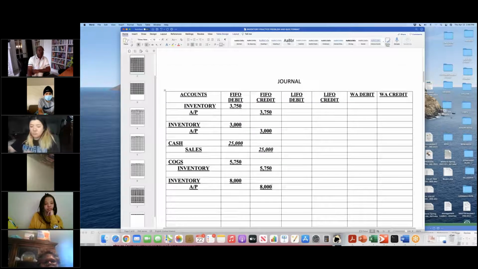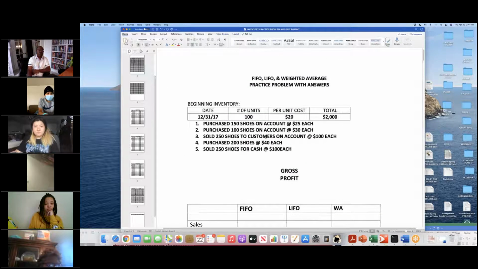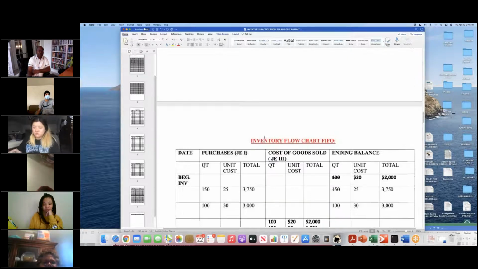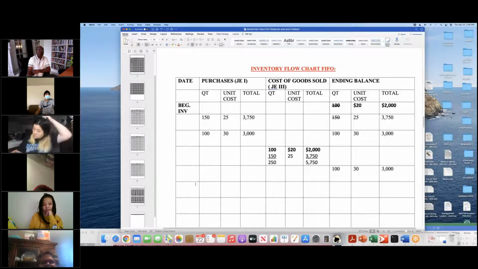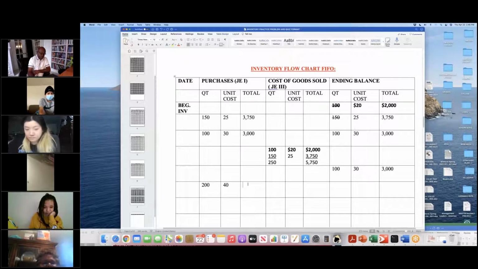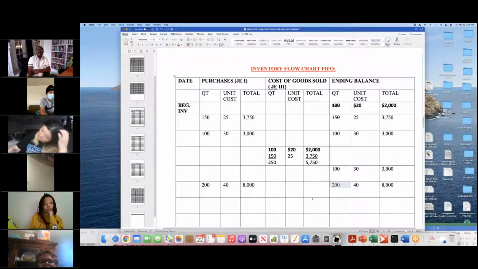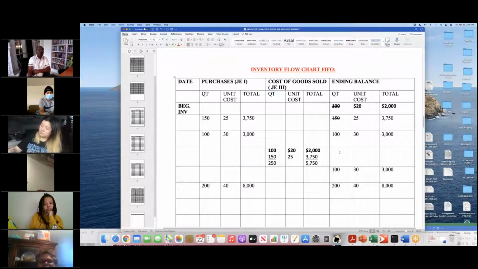And what are we gonna do with this once we make that purchase order? We put it on purchase GE1. 200 at 48,000. And we're gonna bring that over. So now we got 130 and 240.